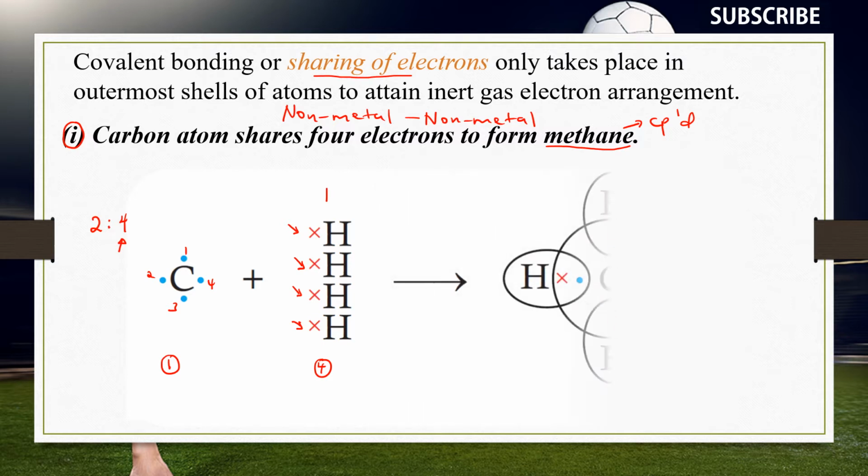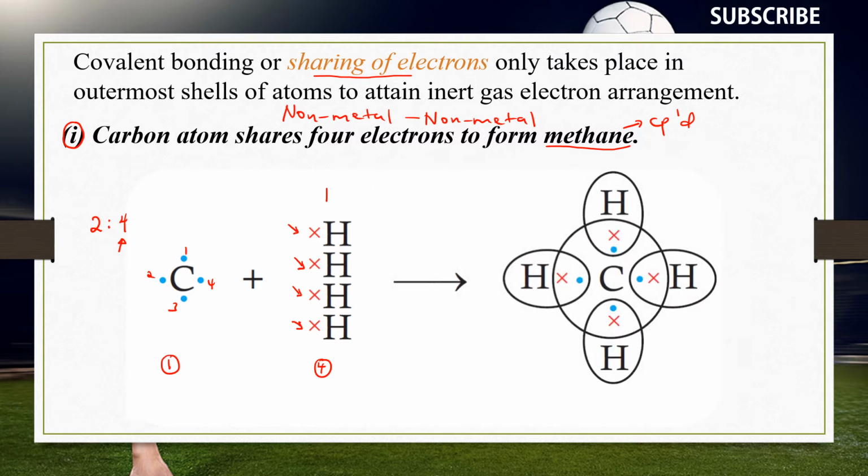So what will happen is that we shall form a structure of this type. We shall have the carbon atom in the center with its 4 electrons, 1, 2, 3, 4, shown in blue dots. However, the 4 hydrogen atoms, 1, 2, 3, 4, will all provide their 1 electron in red to be shared by the central carbon atom.